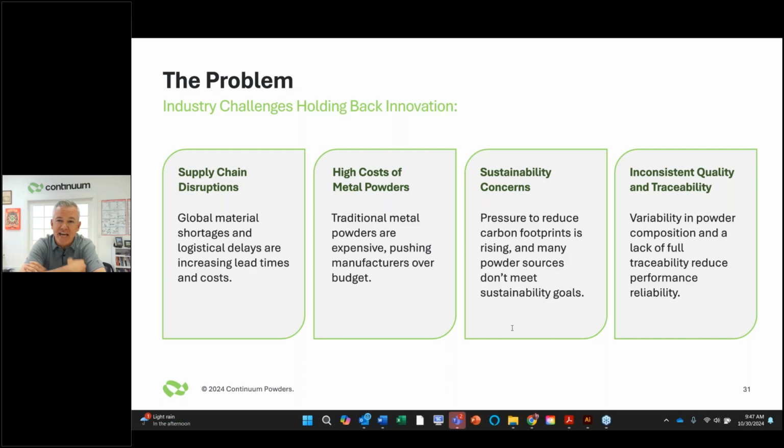And so taking that as a basis, we realize that metal powder and metal in general is not a sustainability play just to go green. It's actually a sustainability play to have a more efficient and more cost-effective solution.